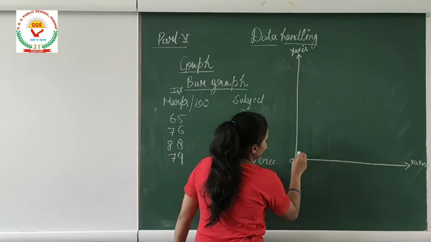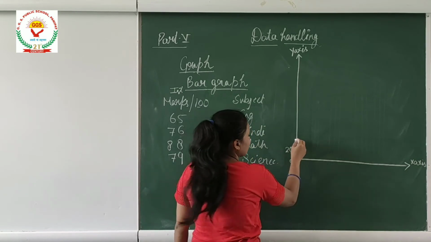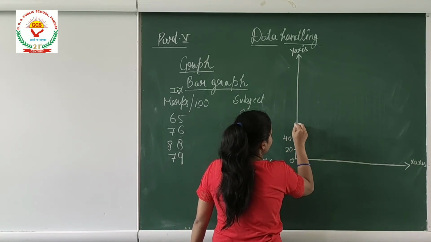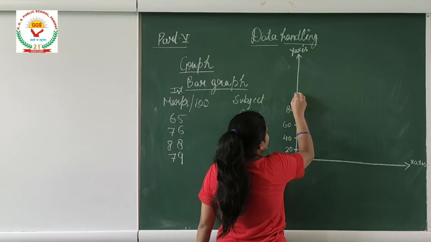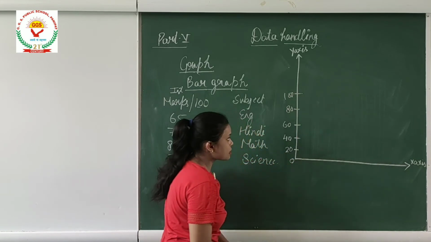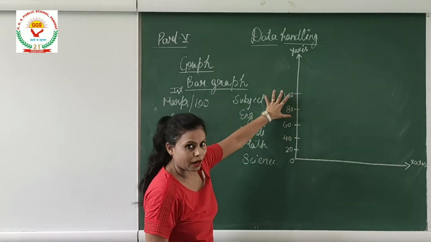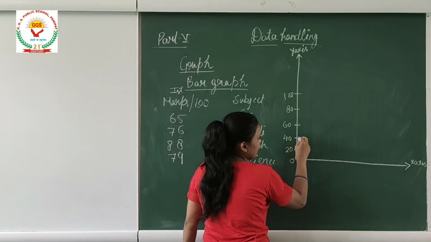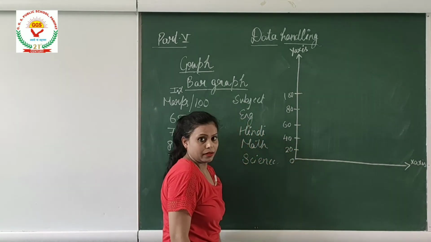Now we will take a scale: 20, 40, 60, 80, 100. This scale will remain the same throughout the graph, right? If I have taken a gap of 20, then throughout the graph it will remain 20.